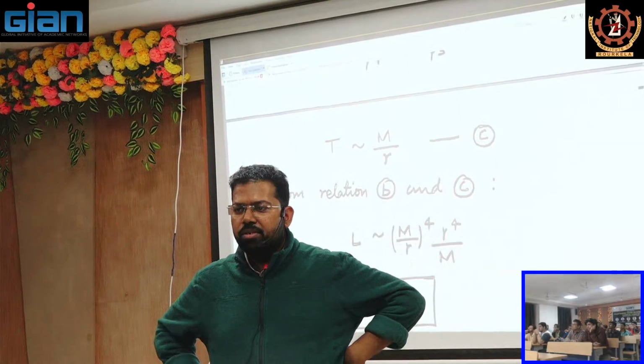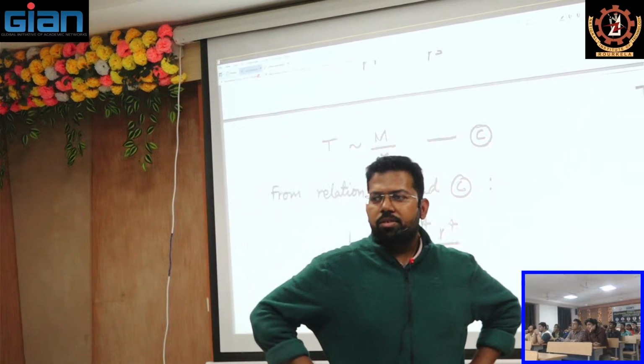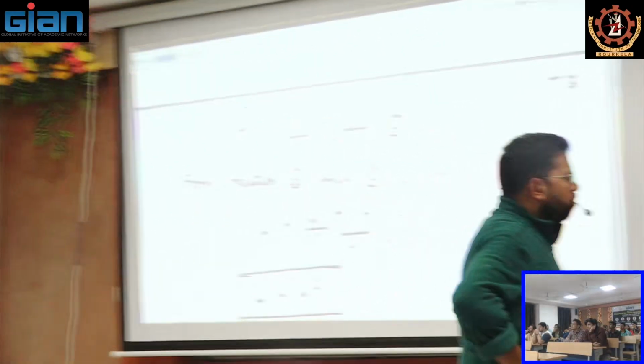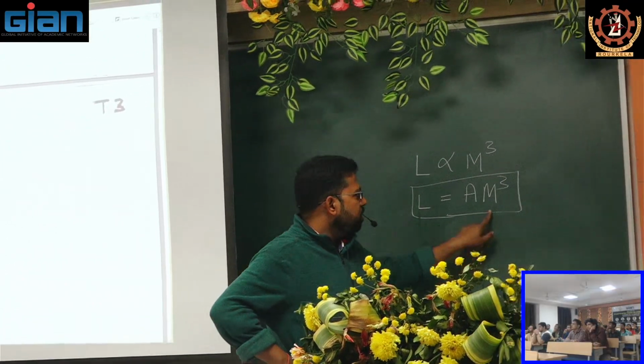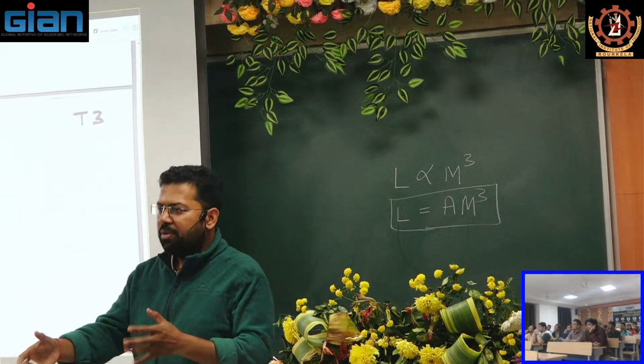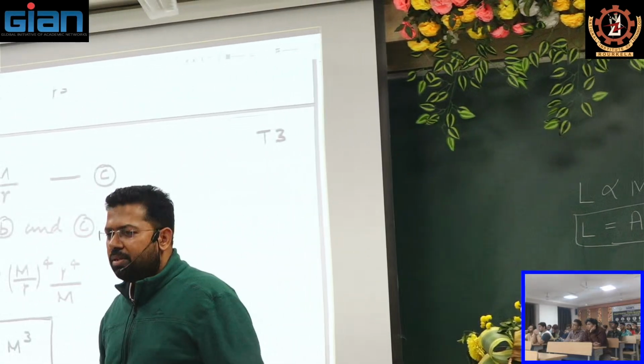Now the nuclear reactions inside the star have to adjust in such a way that the star maintains the luminosity, which is a requirement from this relation: for a given mass, the star should have that luminosity.